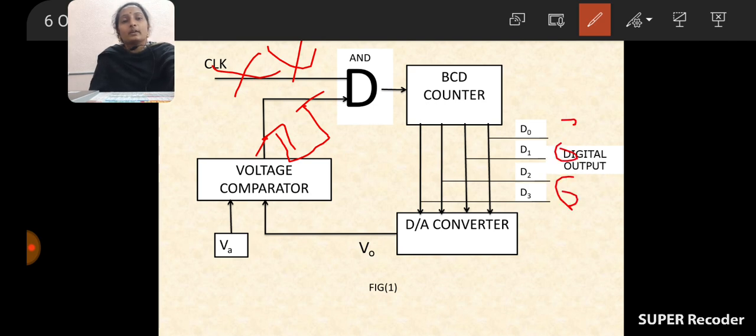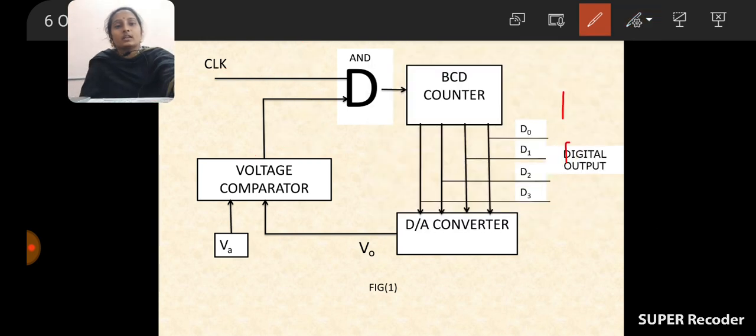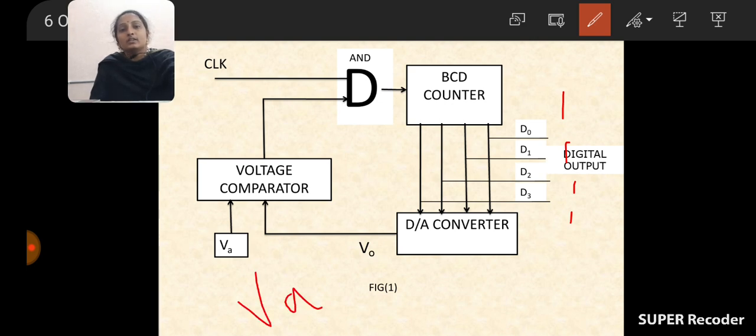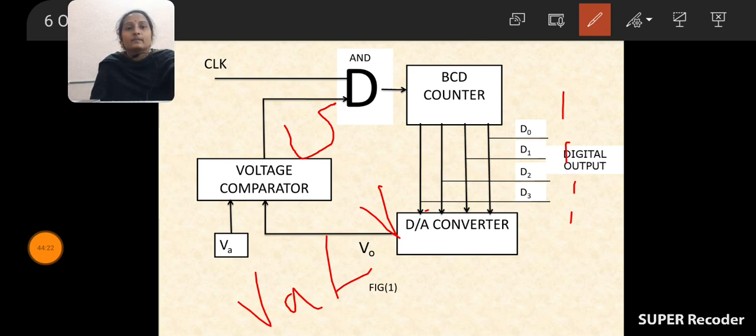When the BCD counter output is equal to 1, 1, 1, 1, at that moment the D2A converter output is higher than VA, meaning VA is less than V0. When VA is less than V0, the voltage comparator will provide a low level pulse. Then the AND gate produces nothing; it simply acts like an open circuit.